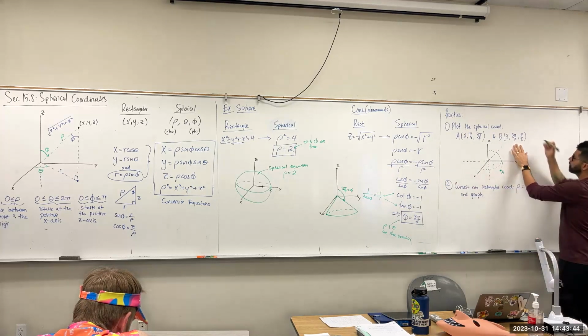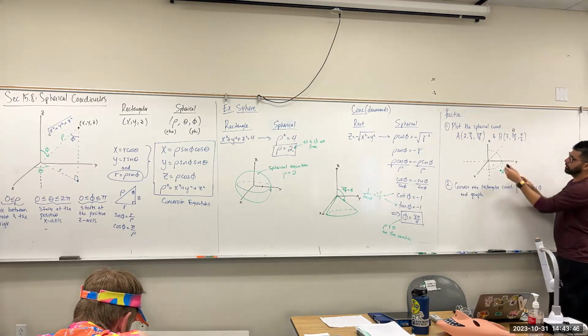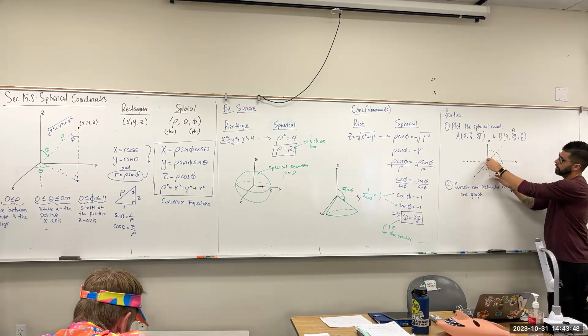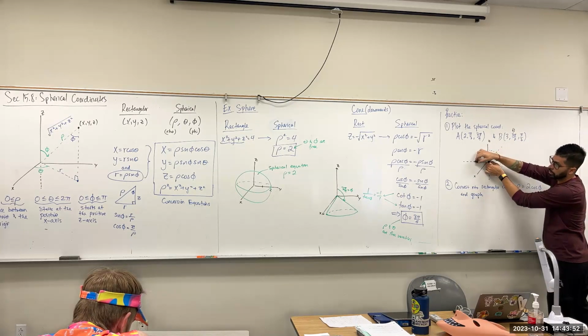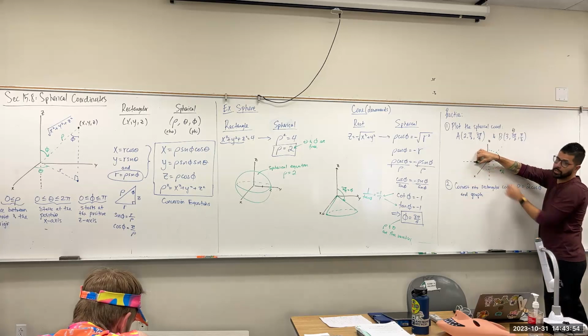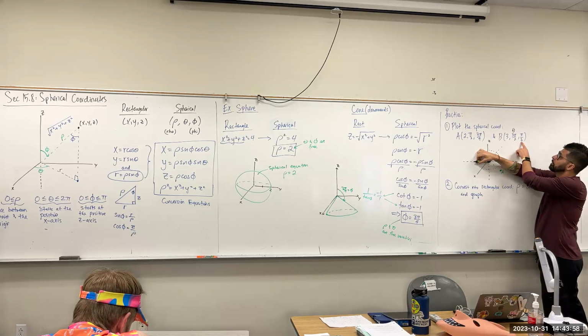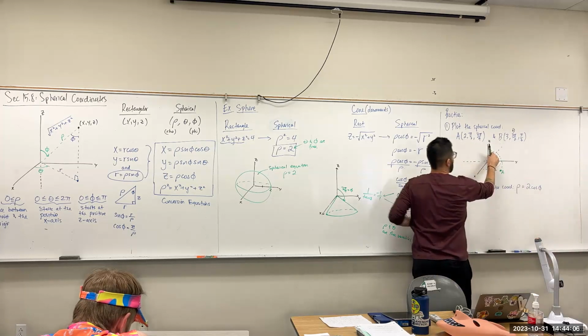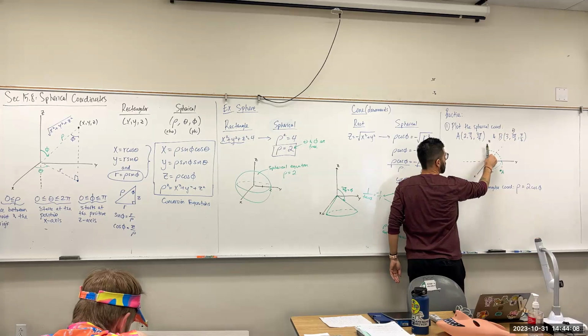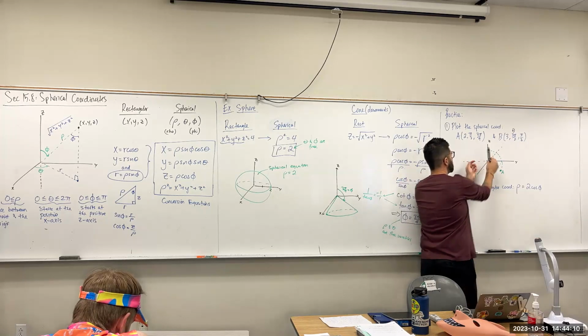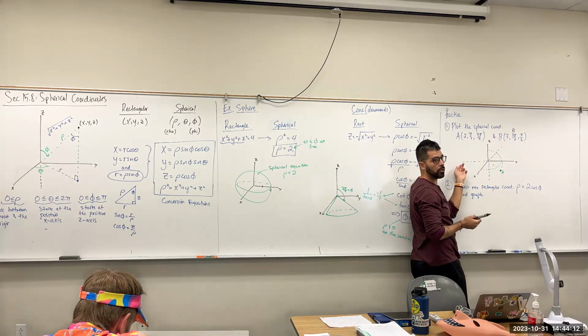This guy here, this is your theta. It's going to rotate 90 degrees, another 90 degrees, and then another 90 degrees back here. So it's the negative y-axis. But then your phi only rotates, how many degrees is that? 30 degrees. So when you bring down your phi, it's only going to go down 30 degrees, toward the negative y-axis, because that's where theta put you.